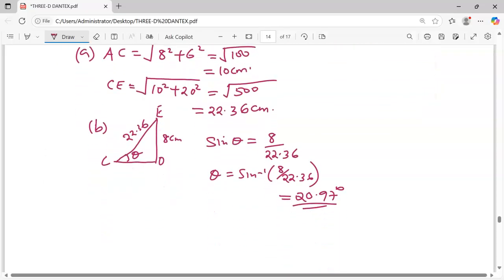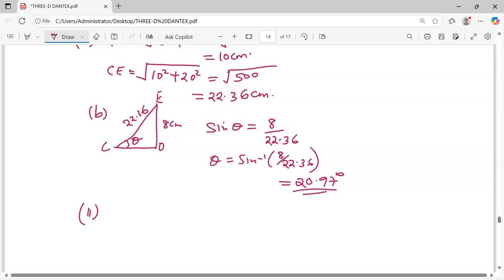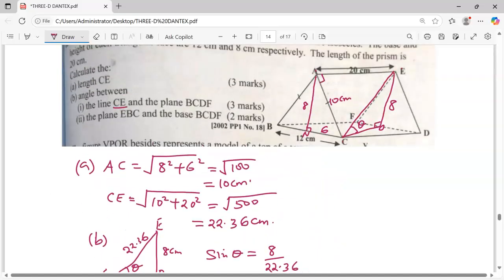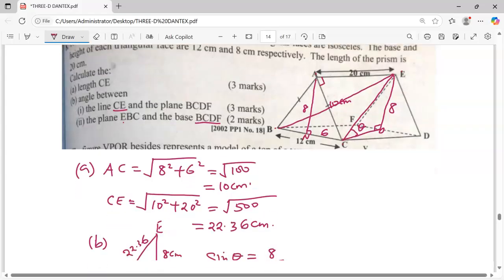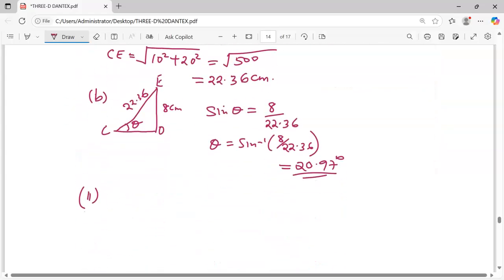After that, we move to Roman 2 of the same question, and in Roman 2, we need the angle between the plane EBC. So EBC is the triangle that we are going to join from E to B to C, and therefore look at the base, which is BCDF. So I'm going to draw the two planes, and they are going to look like this.